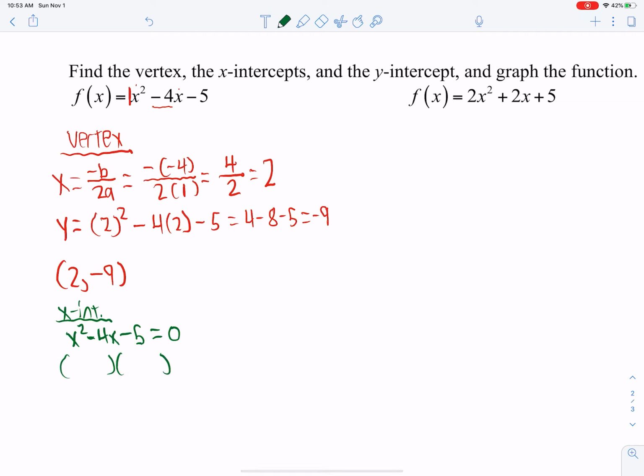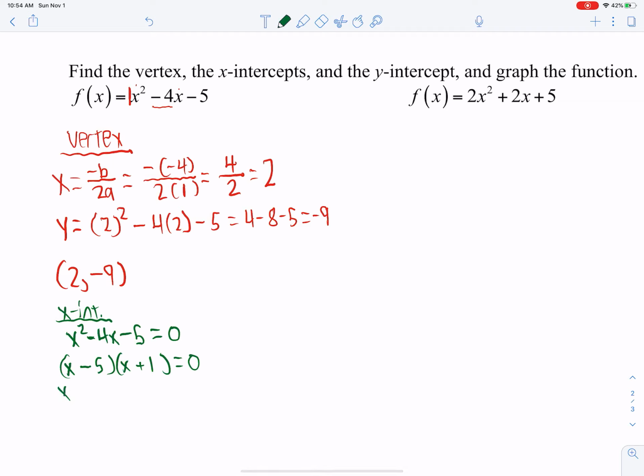Remember, when you factor one of these trinomials, since it starts with just 1x squared, we know we're going to put x at the beginning of each group. And now we have to think, what can we multiply to get -5 that adds up to -4? And that would be a -5 and a +1, like that.